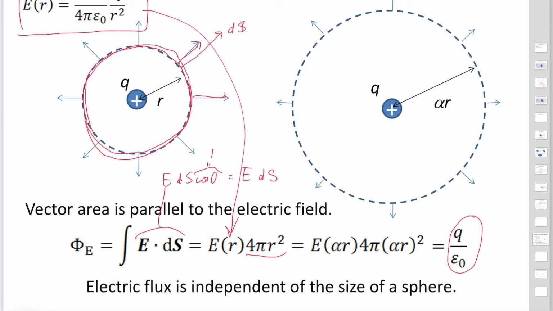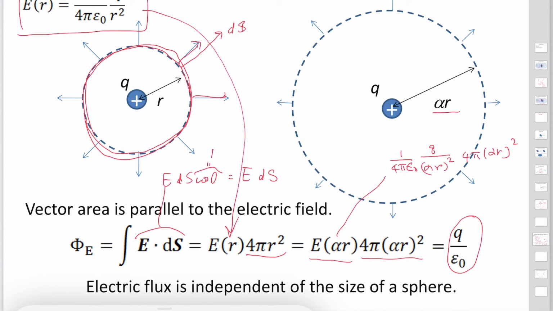Then you could consider a larger sphere with a radius of alpha r. Then we do the same calculation. In this case, the electric field is 1 over 4 pi epsilon naught times Q over alpha r squared, and the area is 4 pi alpha r squared.